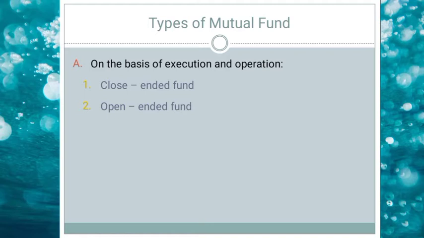Generally in India, tax saving funds are close-ended funds, while open-ended funds are the opposite. In an open-ended fund, the opening date is predetermined, but there is no closing date. There is no fixed amount that the company wants to raise.